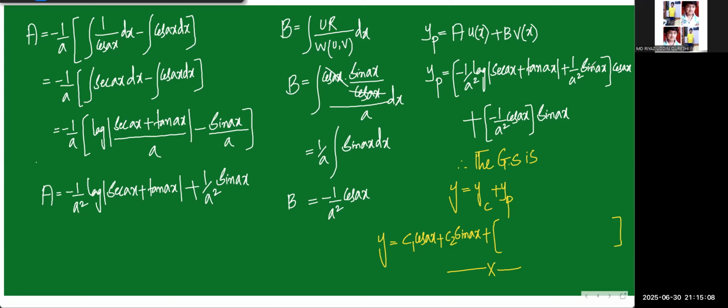Is there any advantage from it? Yes, maybe there is. The yp terms cancel when multiplied. Look, 1 by a square sin x cos x minus 1 by a square sin x cos x cancel, and that term goes away. So only the minus 1 by a square log term remains. So we are only getting minus 1 by a square log mod of sec x plus tan x, and that's it.